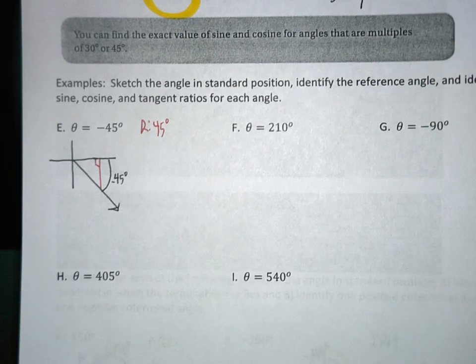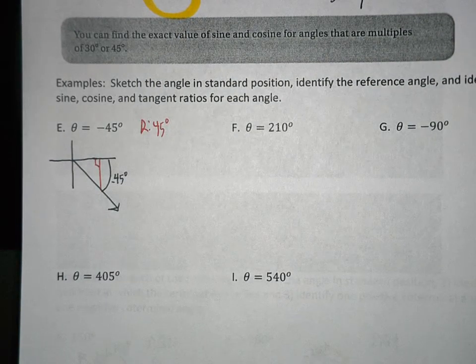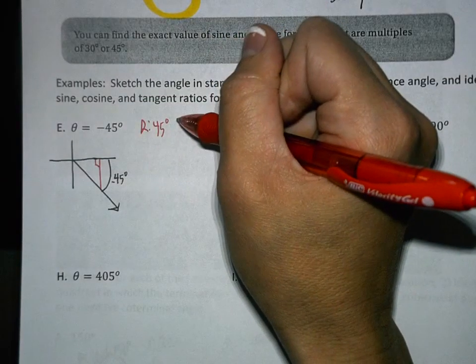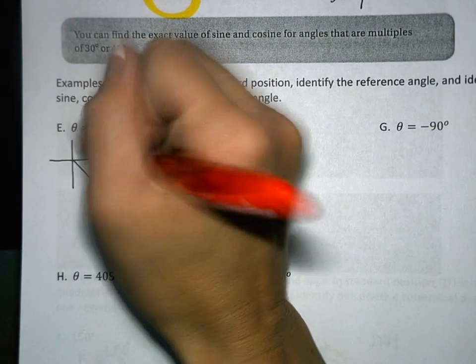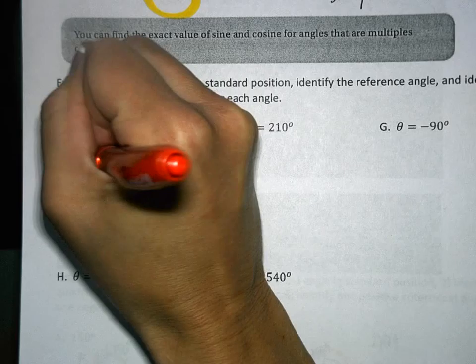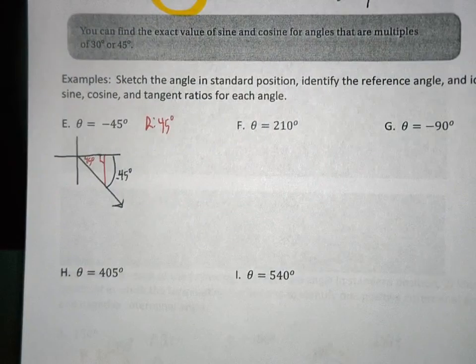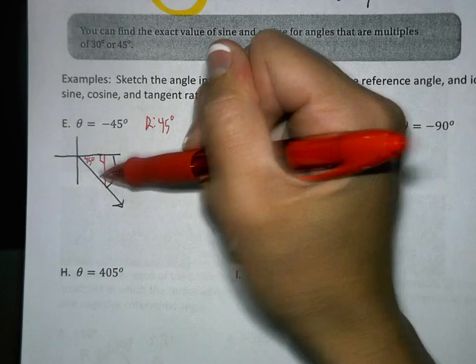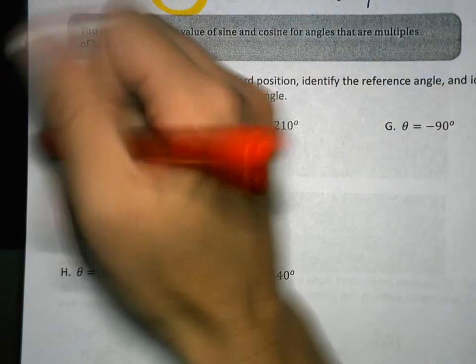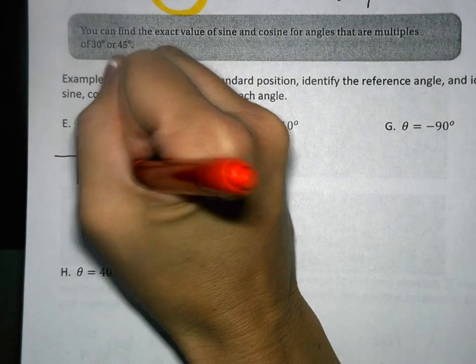Remember that your reference angle is always positive, okay? And so when we're saying that the reference angle is 45, we are talking about this angle right here. So I'm going to go ahead and write 45 degrees right there. So if that is 45 degrees, what is this angle down here? Also 45 degrees.